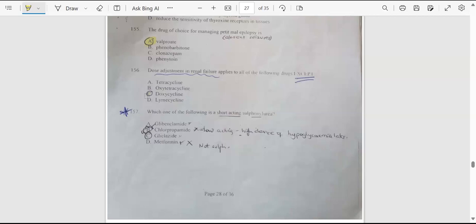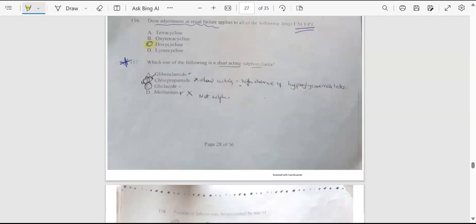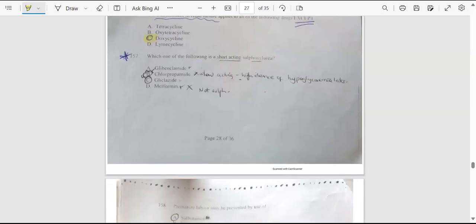Which of the following is a short-acting sulfonylurea? Glibenclamide, chlorpropamide, gliclazide, or metformin.